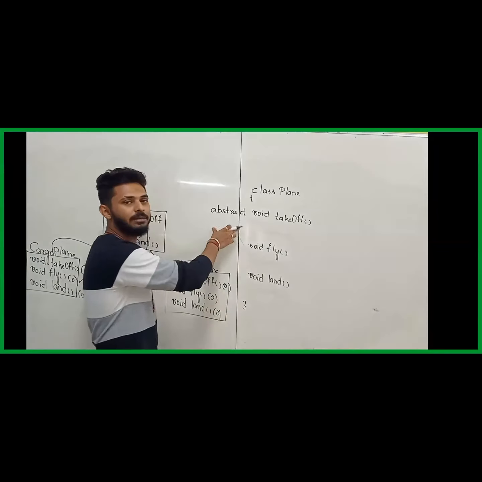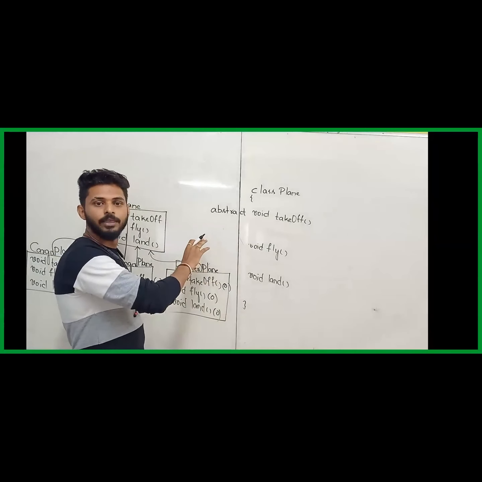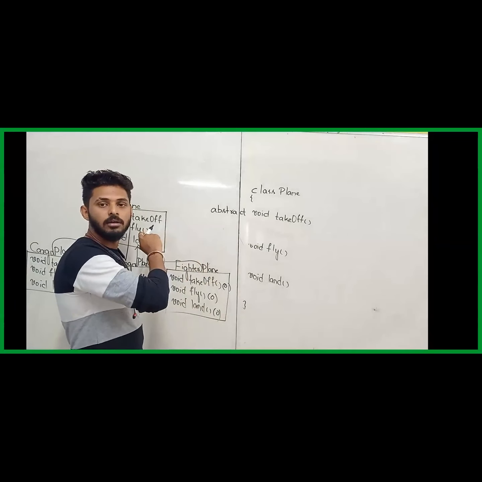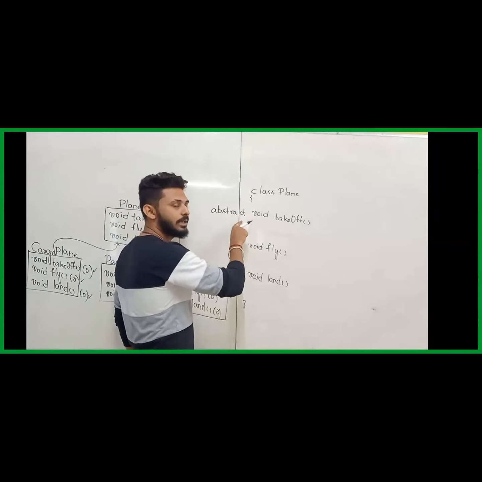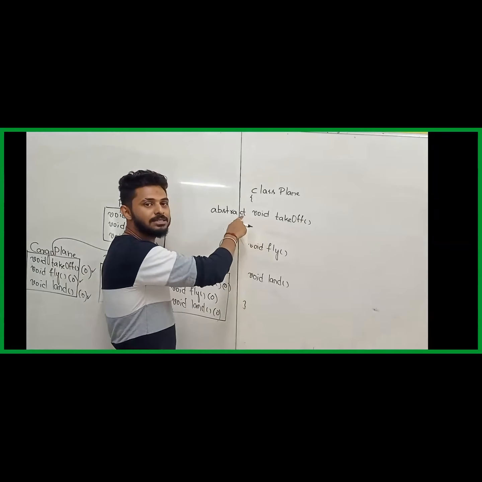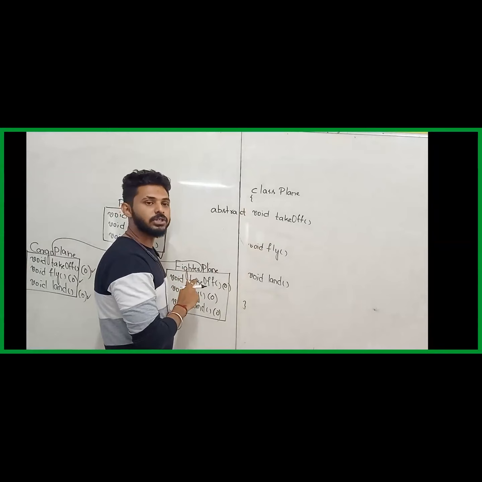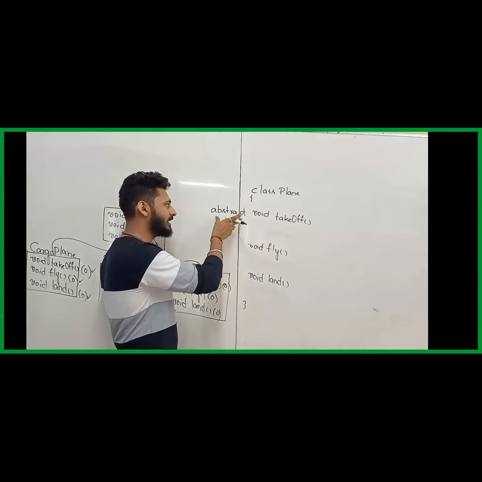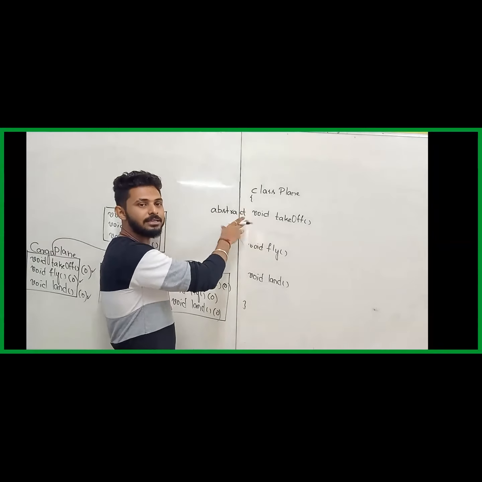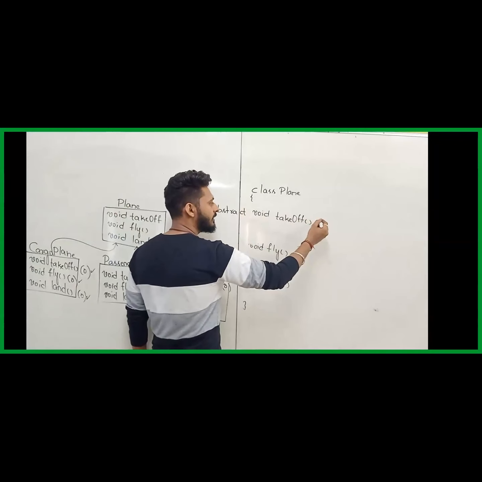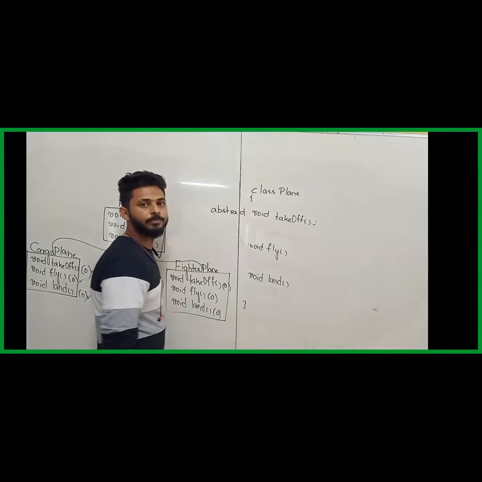If you write like this, your compiler will start checking for body, so you should tell that there is no body for this. You will tell by using abstract. But is it sufficient? No. You should end the line also.